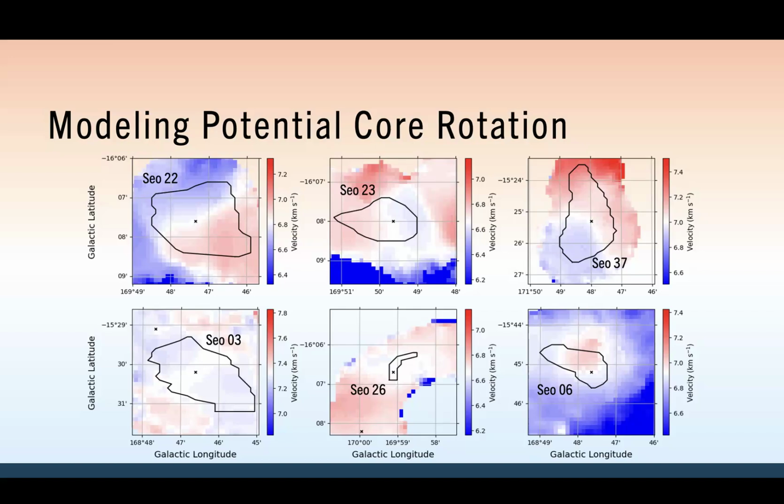Yeah, so for these two cores, which are next to each other, the filament is mostly horizontal-ish. Oh, okay. So this way, and then for South 37, the filament goes vertical.